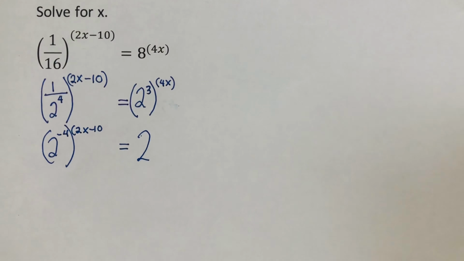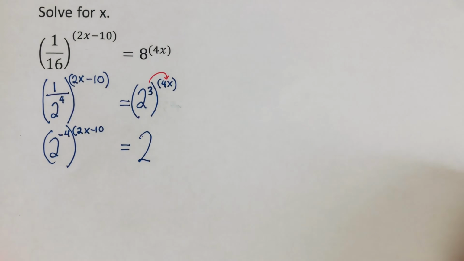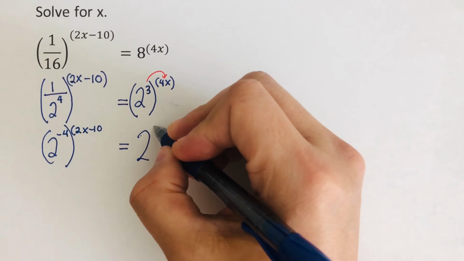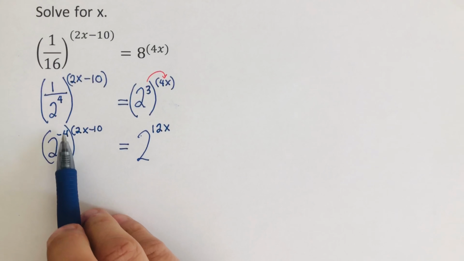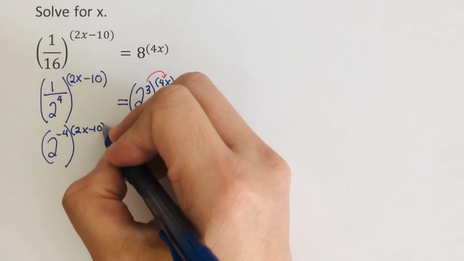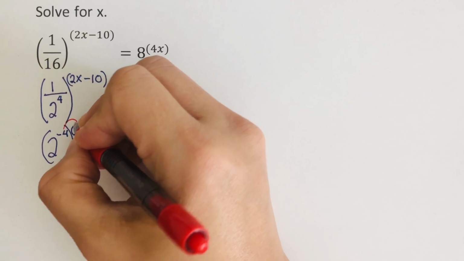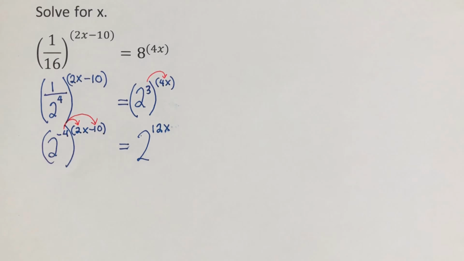We can already distribute the 3 to both terms inside the parentheses, which is 4x. So I can go ahead and write this as 12x right here. Then we can distribute this negative 4 to each of the terms inside the parentheses. Again, be sure that it's both terms, because others just distribute it to the first term, not to both of them.